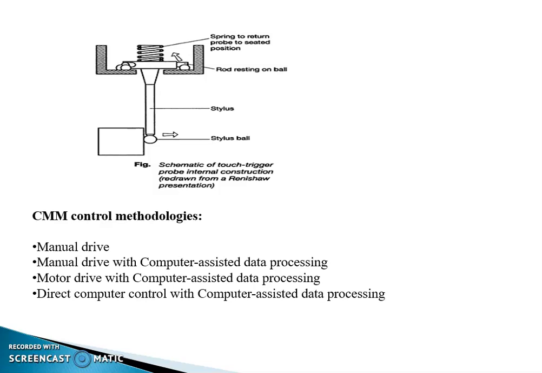This generates a trigger and stops the machine measuring the point of contact. Then the machine backs off and the spring ensures that the stylus is returned to its seating position. From that, the physical position of the surface where the probe contact occurred gets recorded. Okay, that is about the trigger probe.